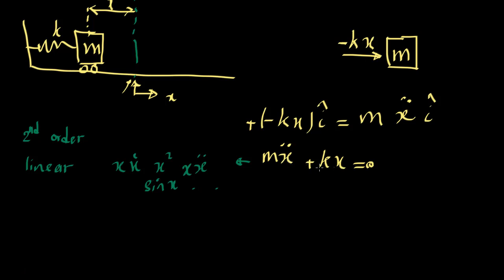But here the unknown function, which is x, is just multiplied: its second derivative is multiplied by a constant, and the function itself is multiplied by a k constant. So because we don't have any of these terms, the equation is linear. And it's an ordinary differential equation. So, a second order linear ordinary differential equation.